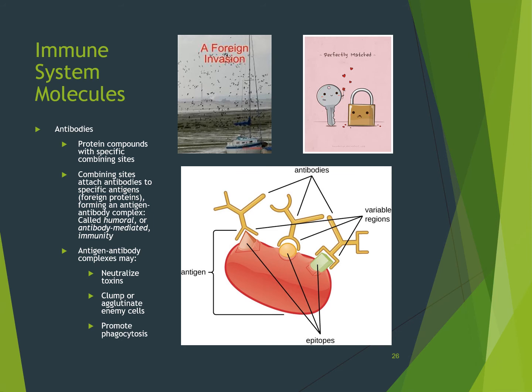If you see in this bottom picture here, the red object represents the antigen, and you can see on the surface of it there's a pyramid and a sphere and a rectangle-like shape.